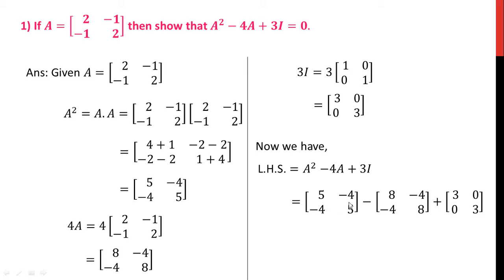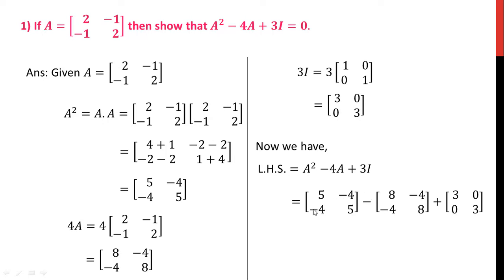All the matrices are of the same order, so you can directly add or subtract these matrices. So 5 minus 8 is minus 3 plus 3, it gives 0. Then minus 4 plus 4, 0 plus 0 is 0. Element wise you have to add or subtract.